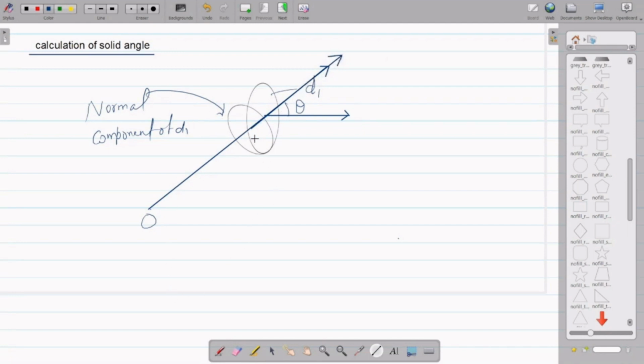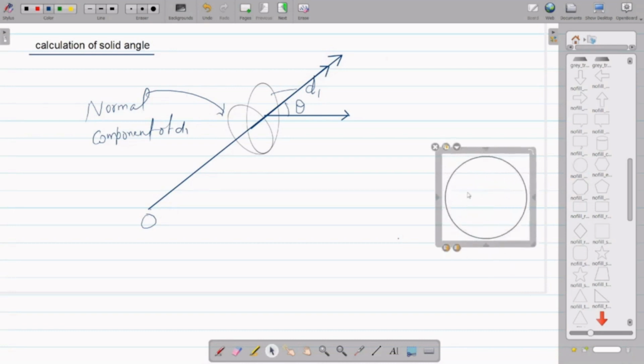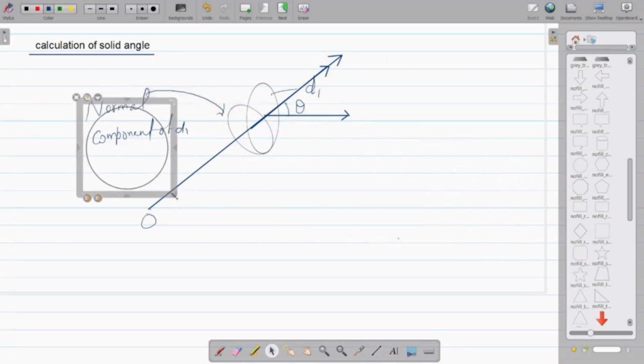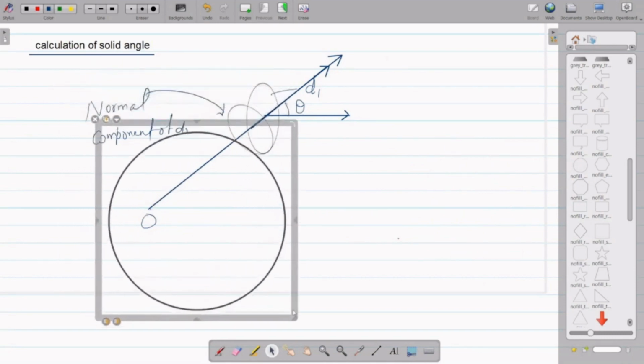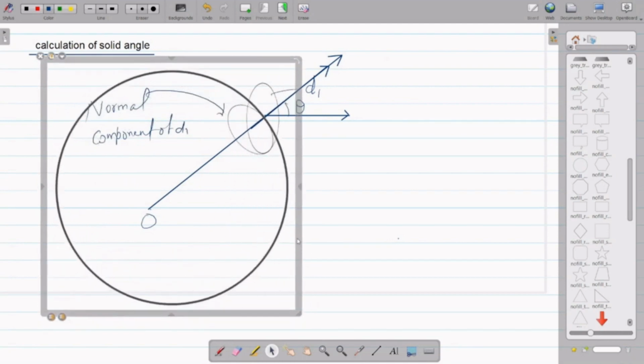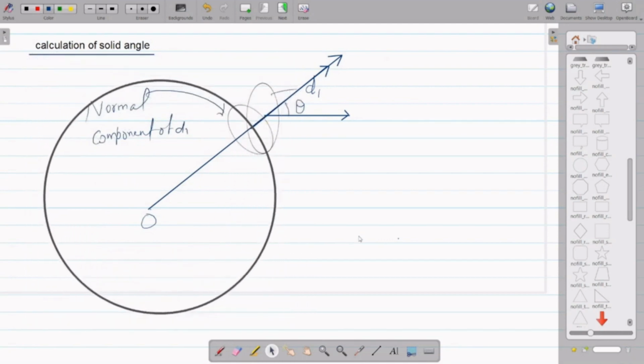Now you can say this surface is the part of a hypothetical sphere, right? And the next thing which you can do, you can join all the points of this surface to the observation point. So in this way, you have constructed a complete cone, right?